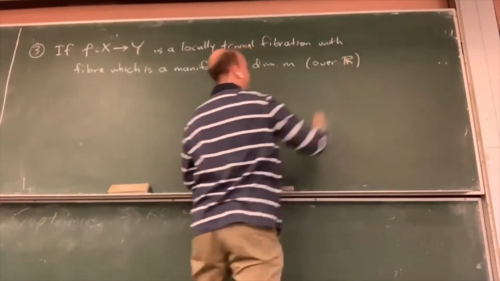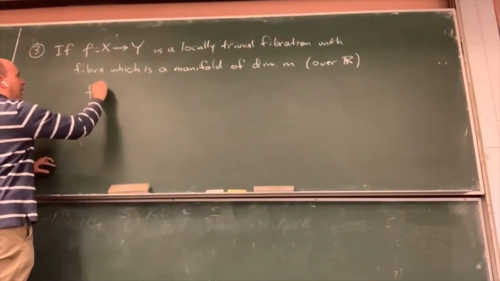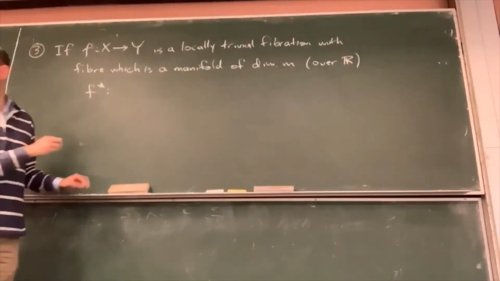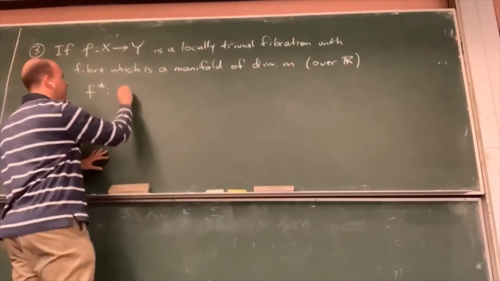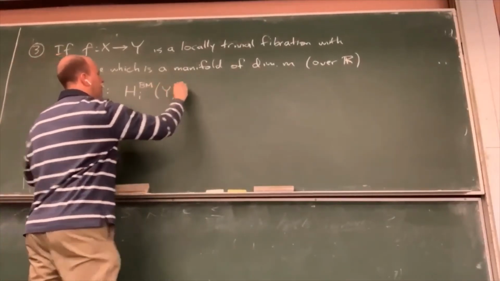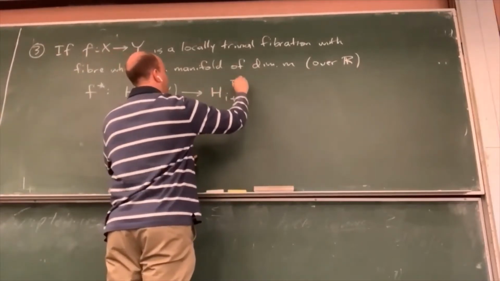So that's dimension over the reals. Then you get a pullback which changes degree. Goes from the ith Borel-Moore homology of Y to the (i plus m)th Borel-Moore homology of X.